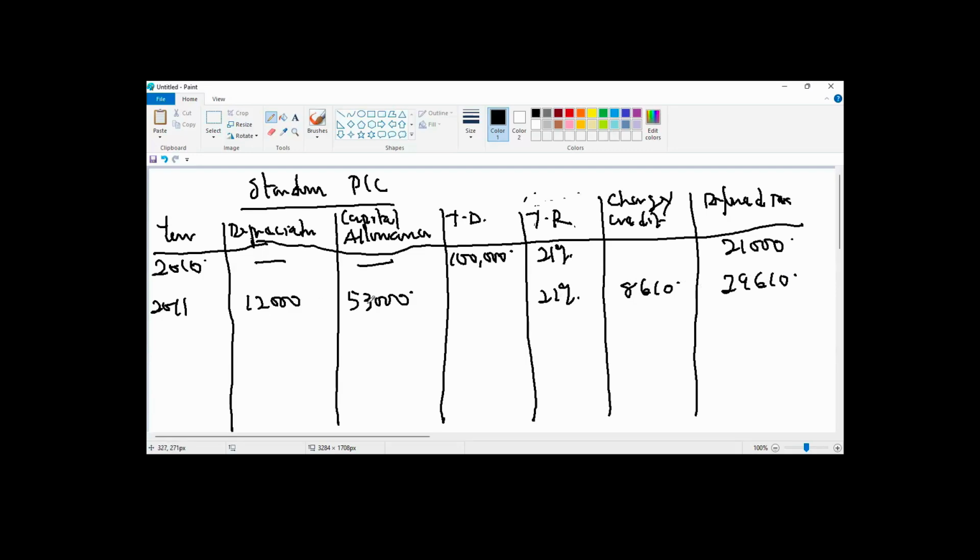Or the difference is 41, and 41 plus 100,000 will give me 141. 21% of 141. What does it give us?